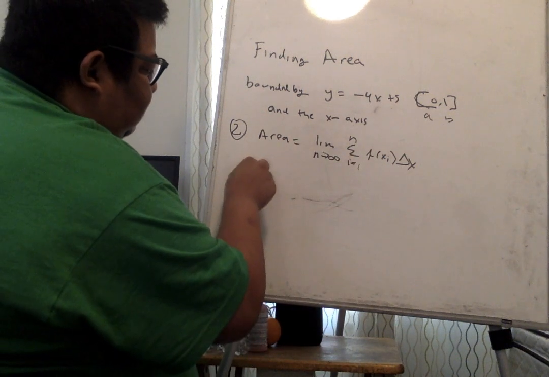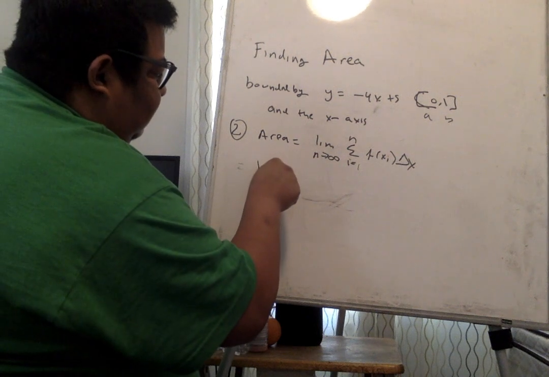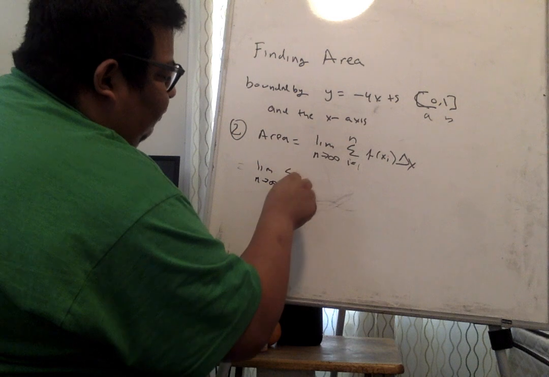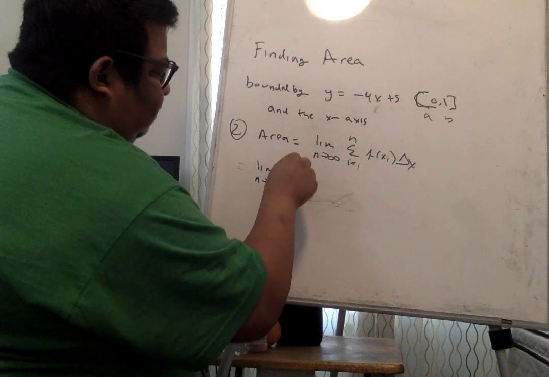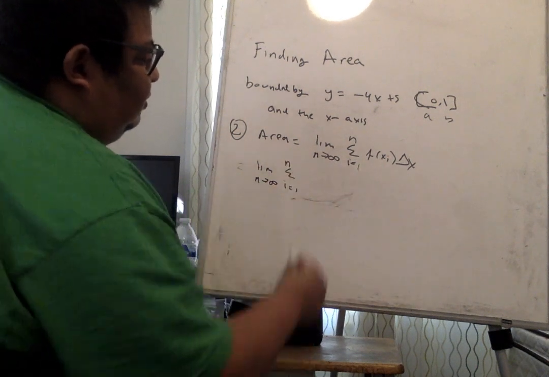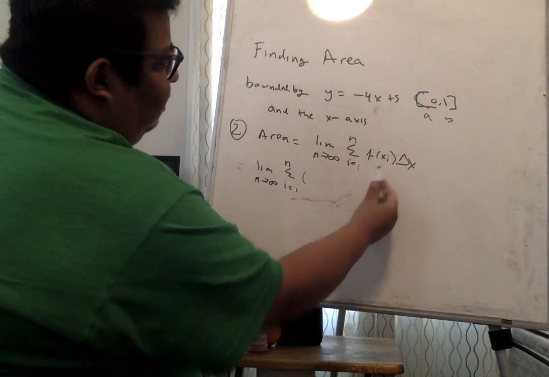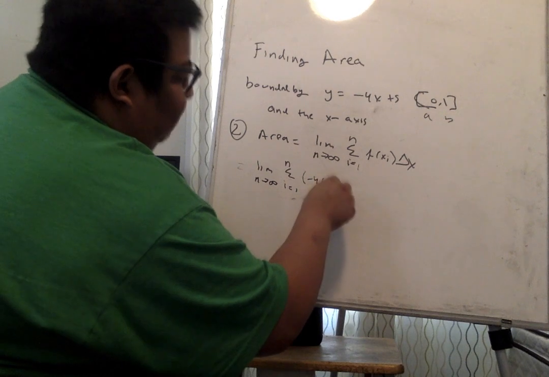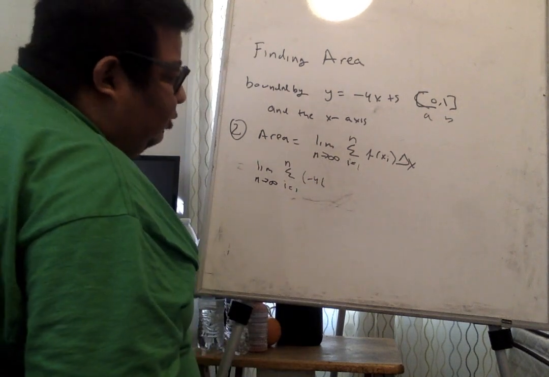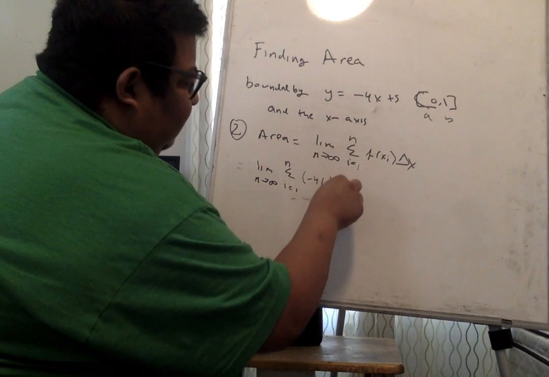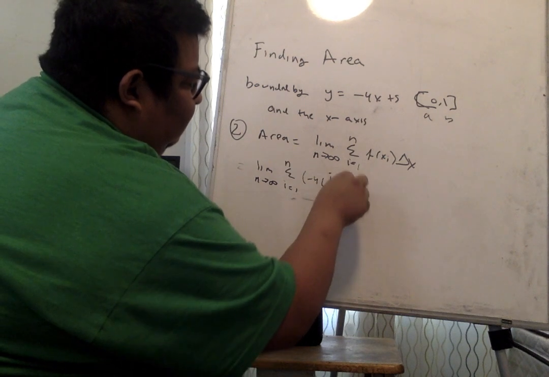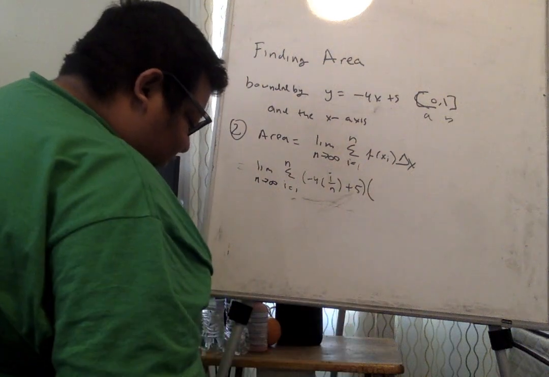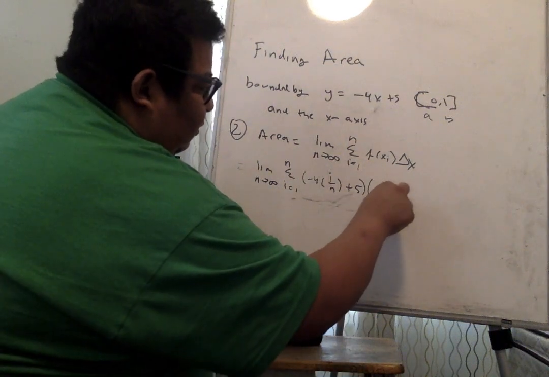Now we plug in what we need: the limit as n approaches infinity of the sum from i equals 1 to n. Notice f of xi, we plug xi into here, so that equals negative 4 times i over n, since we found ci equals i over n, plus 5. Then delta x is 1 over n.